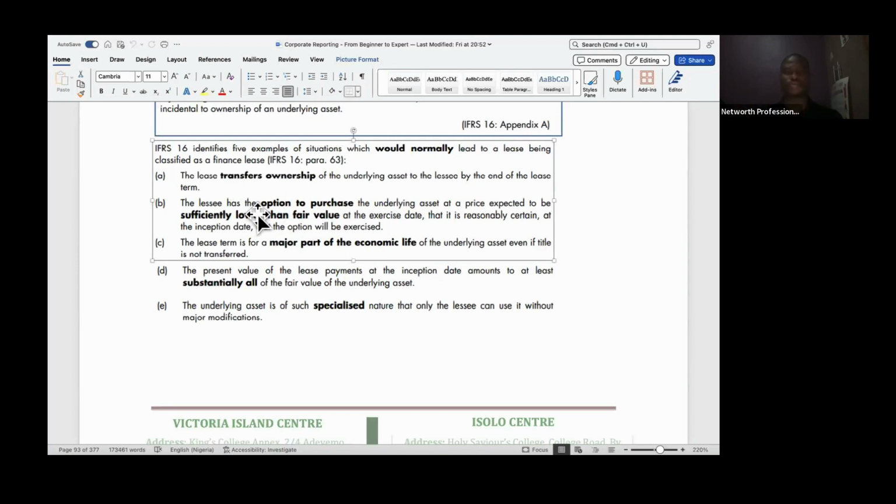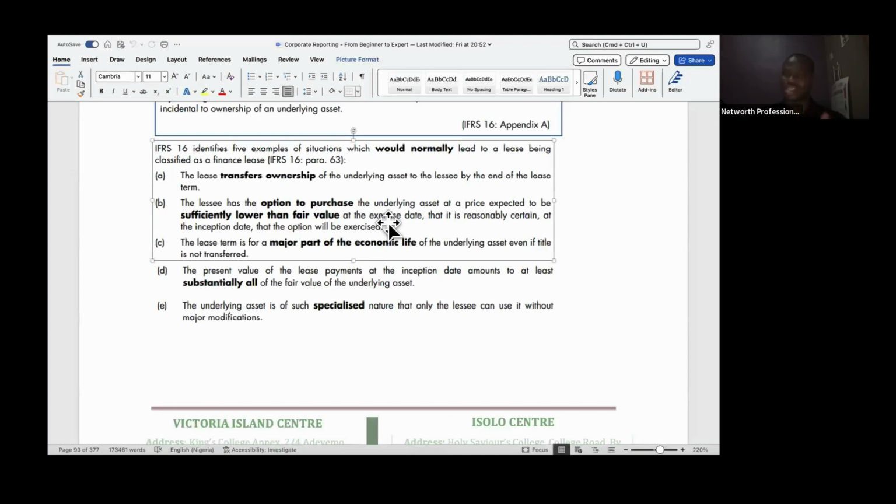Second one is that the lessee has the option to purchase the underlying asset at a price expected to be sufficiently lower than fair value at the exercise date, such that it is reasonably certain at the inception date that the option will be exercised.